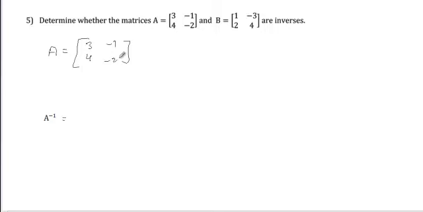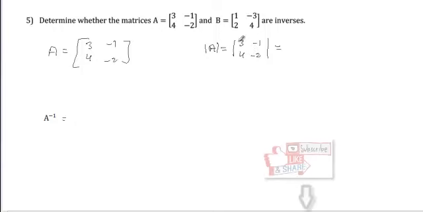First of all, we have to find the determinant of A. To find the determinant of A, we write the numbers 3, minus 1, 4, and minus 2 in a determinant, and we perform the calculation. Let me show you. We multiply crosswise: 3 by minus 2, and we subtract from this the other product, 4 times minus 1.